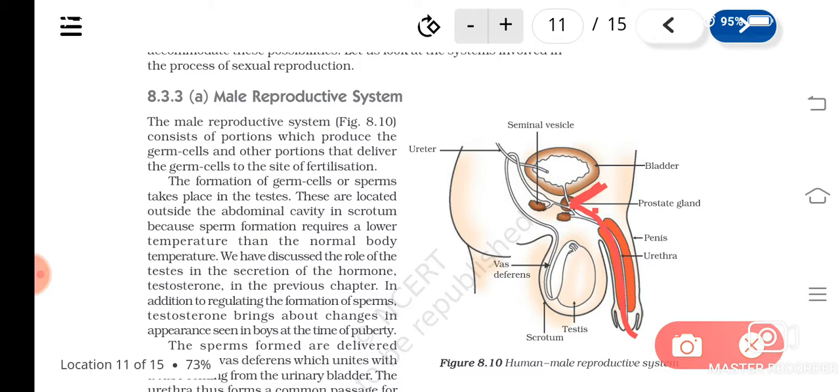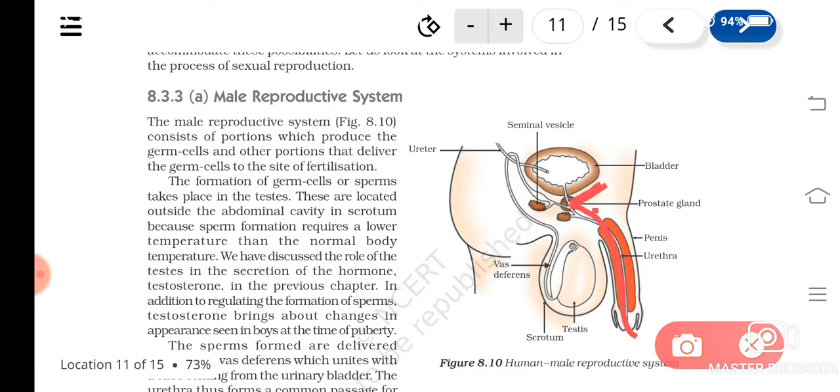The scrotum helps to adjust the position of the testis by shrinking or by dilating. When it is cold outside, or the temperature of the atmosphere is low, what happens?